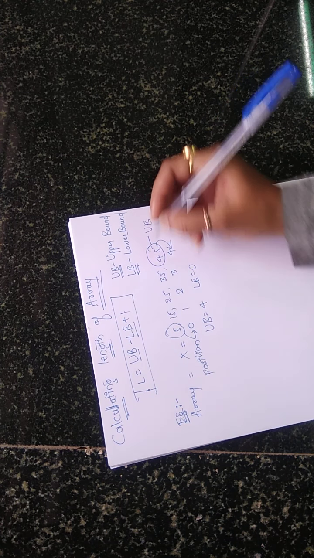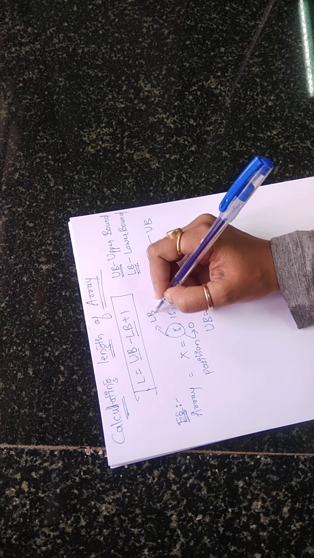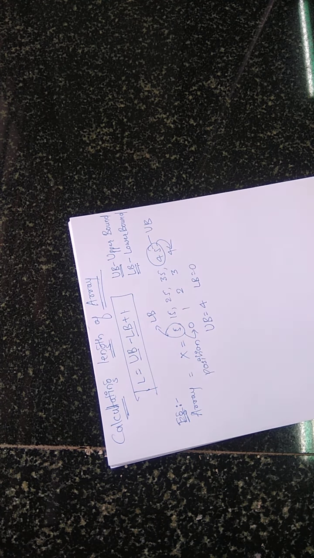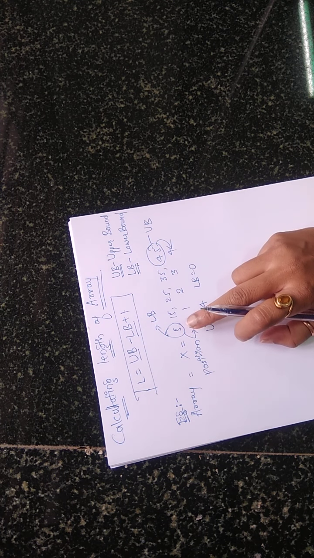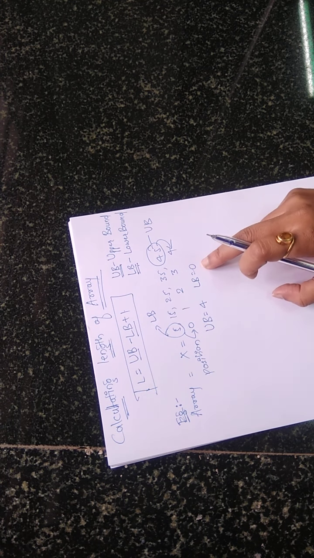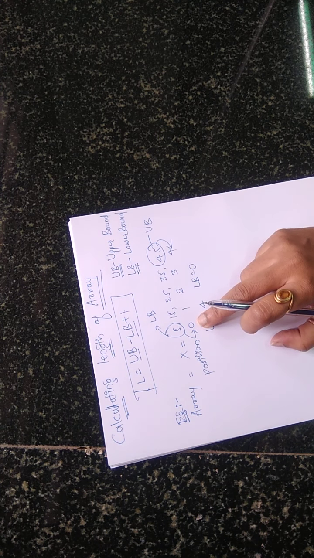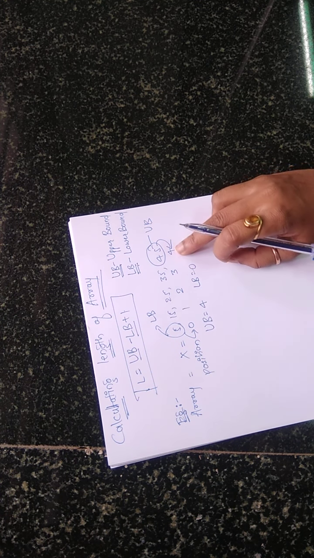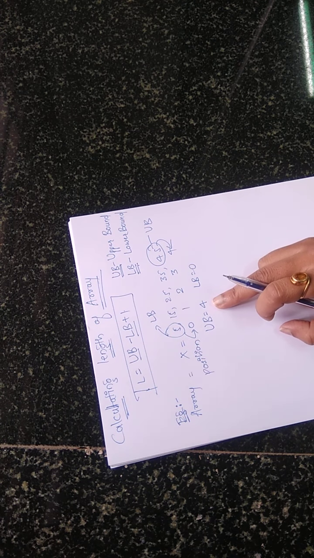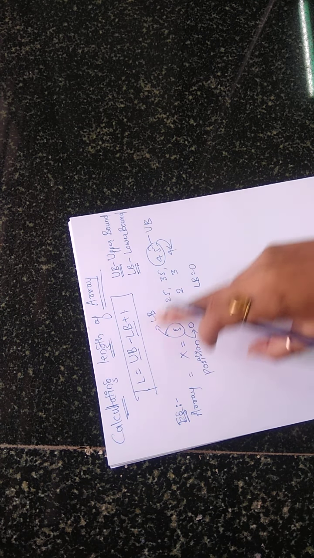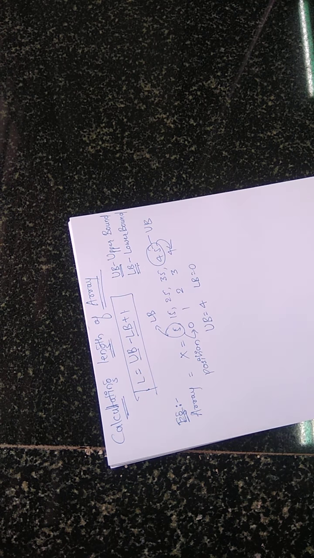When you want to calculate the length, you write LB as 0 because it is the 0th position, and UB as 4, the last element. Now put the values 4 and 0 in the formula and you will get the array size.